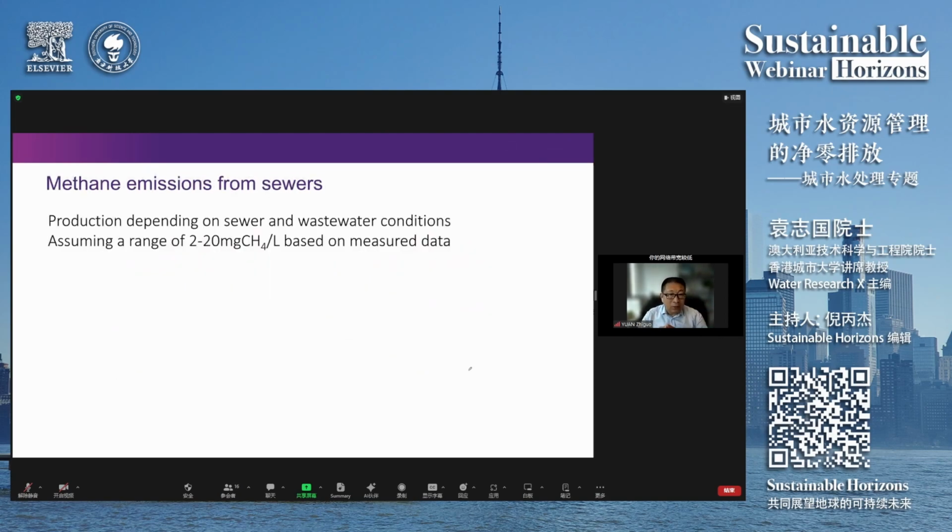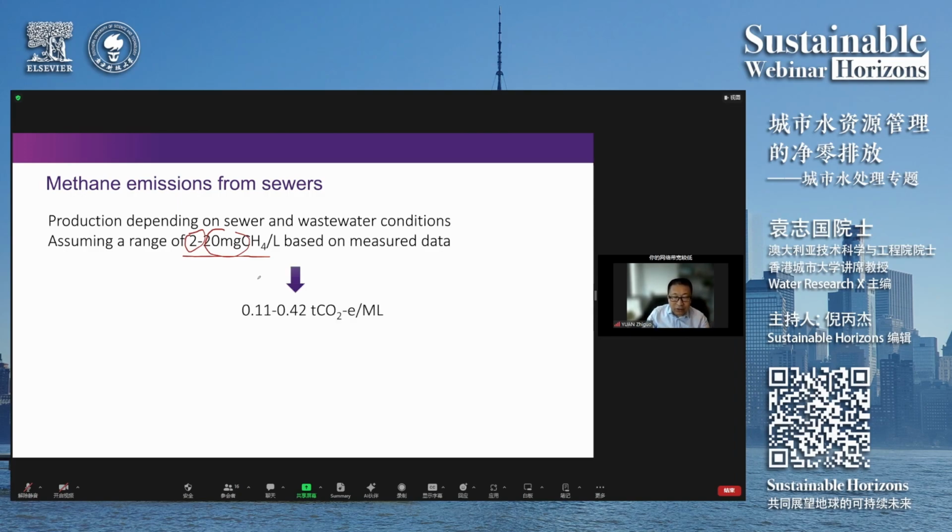Now, how much is much? Based on our observation, if we assume the network produces methane at 2 to 20 milligram methane per liter, 20 is really very, very high, the higher end. And I think 1 to 2, you will always produce some. So let's say 2 to 20. How much is that?